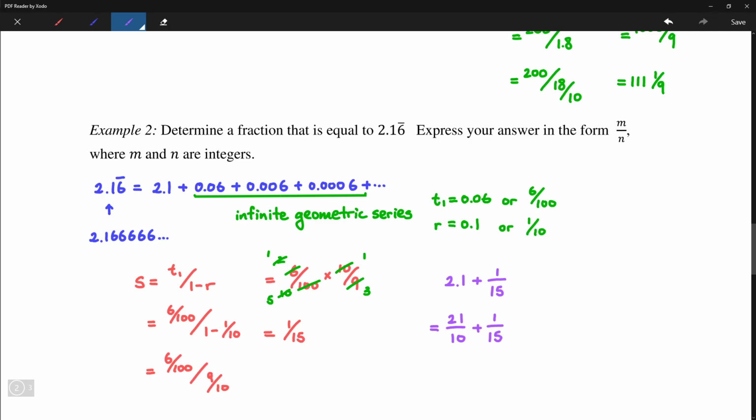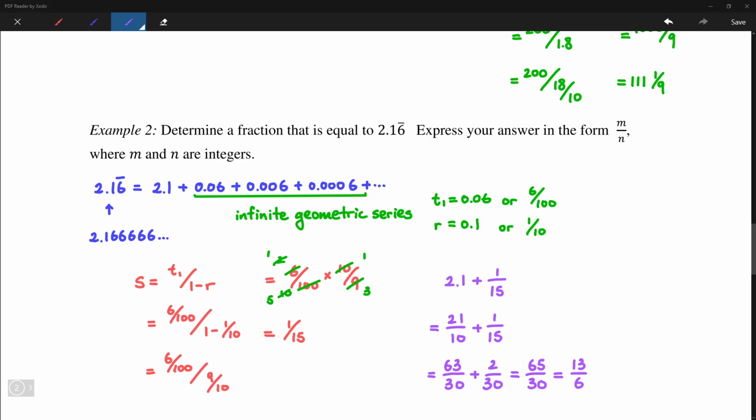Okay, the lowest common denominator is 30, so this would be 63 over 30 plus 2 over 30, and that will give us 65 over 30, which we can divide by 5, so this would be 13 over 6.